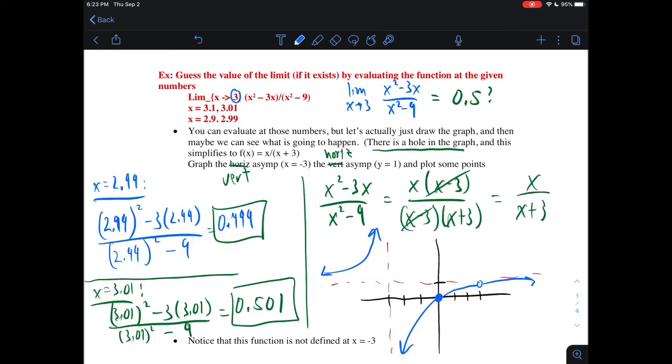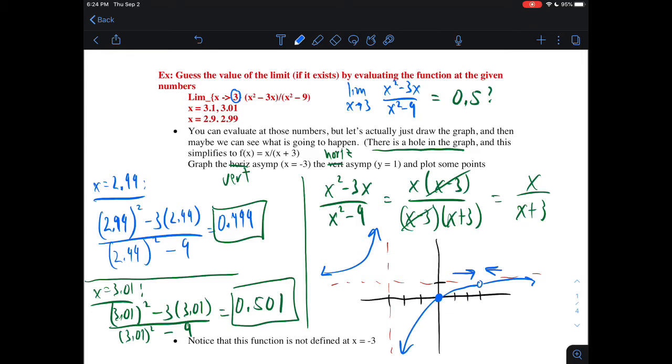So now when it comes to the question of what is this limit equal to, think that as x is approaching 3 from either side, either the left or the right, meaning like x equal 2.99 and x equal 3.01, the value of our function is approaching the same point where this hole is.